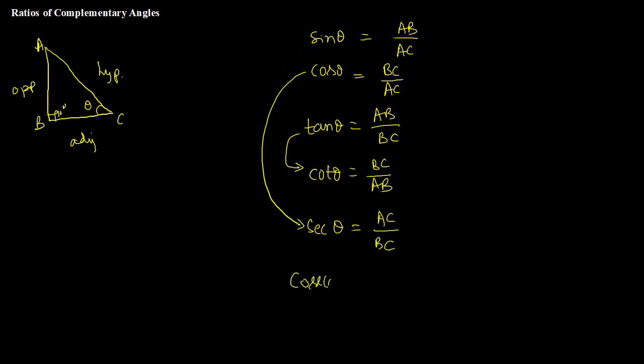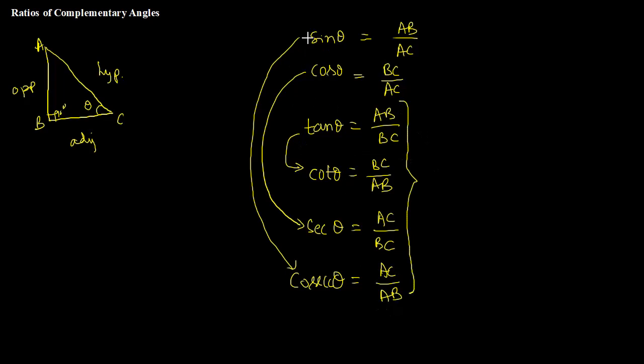Cosecant theta is reciprocal of sin theta, which is AC by AB. These ones I can write exactly based on the relationship with just sin theta and cos theta: sin theta by cos theta, cos theta by sin theta, 1 by cos theta, 1 by sin theta. So all you need to know is if you can write sin and cos theta, you should be able to write the rest.